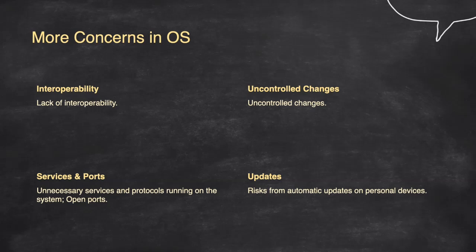Additionally, automatic updates may occur at inconvenient times, interrupting work or requiring a system restart when it is least expected. And another concern is incompatibility, especially if the update is not fully compatible with older hardware or software, which can result in reduced performance or limited functionality.